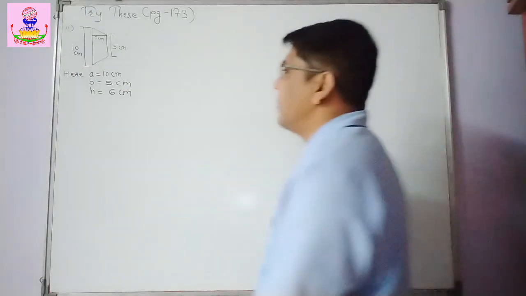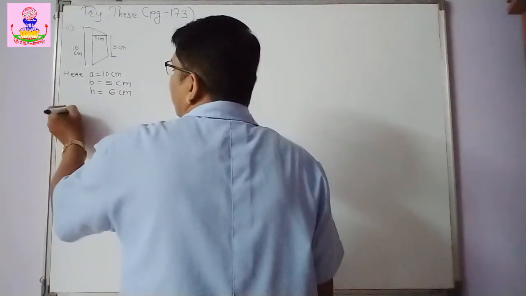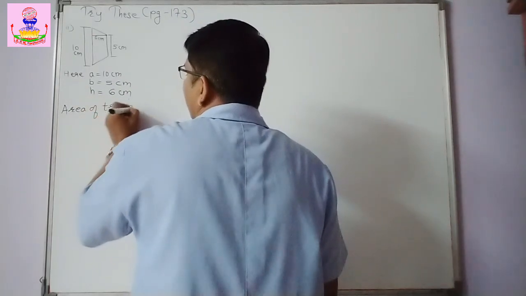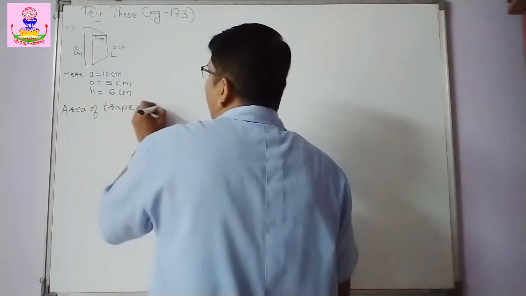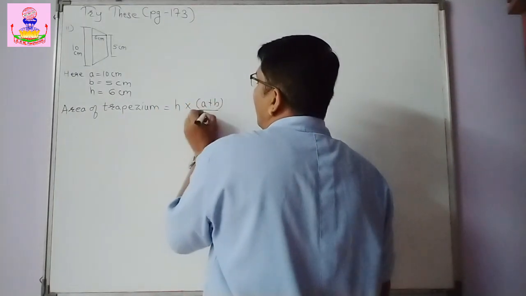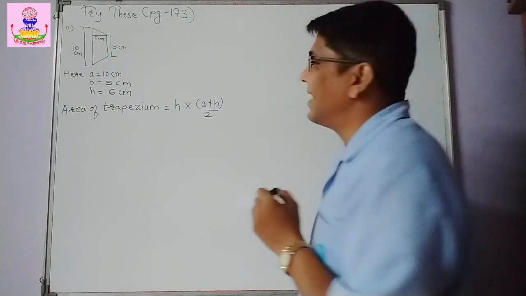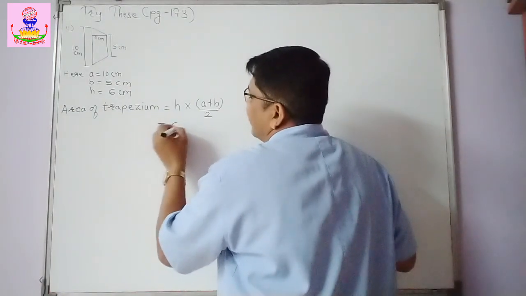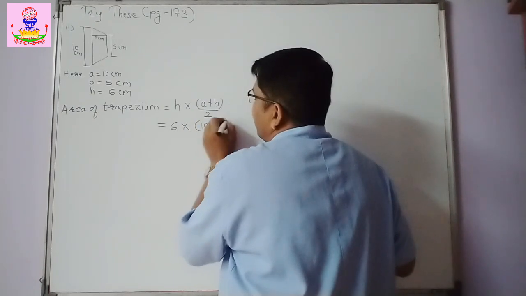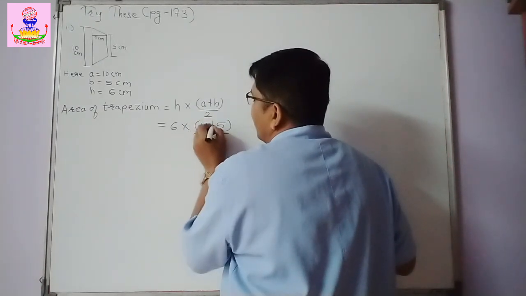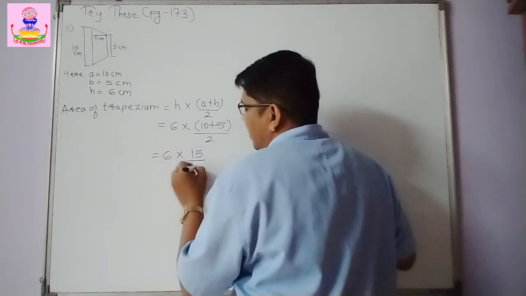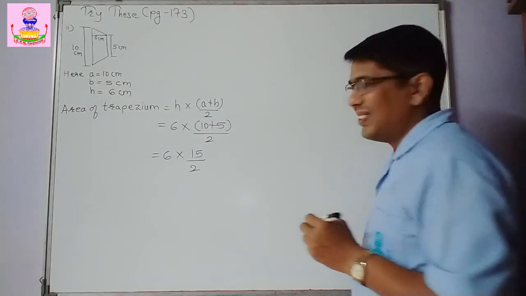That becomes easy. So area of trapezium, what is the formula? h into a plus b upon 2. What is h? 6 into a, 10, plus b, 5, upon 2. That is equal to 6 into 10 plus 5, 15, upon 2.